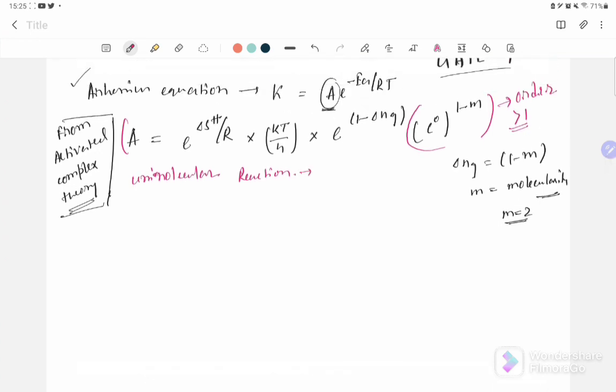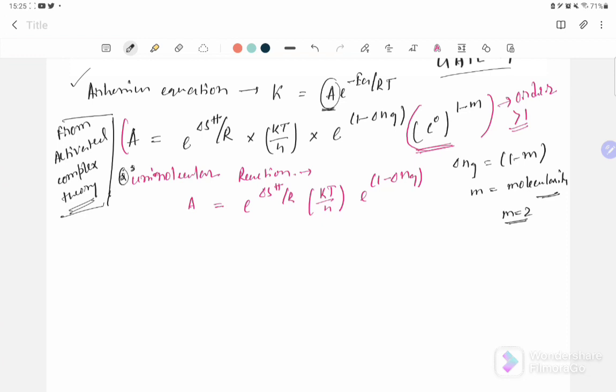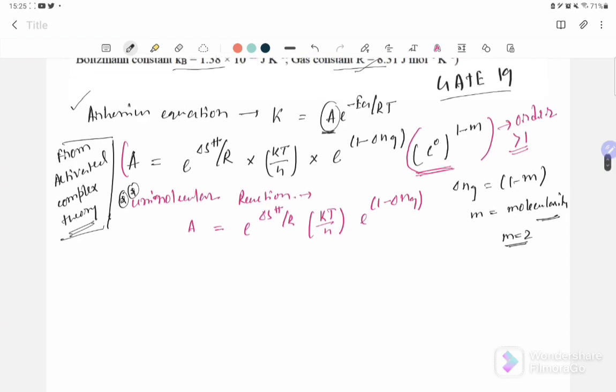It means the equation will be A equals e to the power del S activation by R, kT by h, e to the power minus 1 minus del n g. So this term will vanish for a unimolecular reaction. So this is important. Sorry, this is not order, this is molecularity.